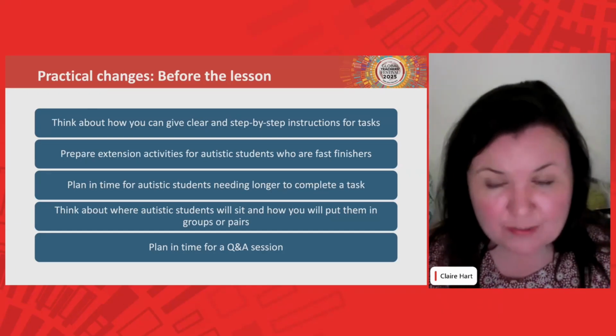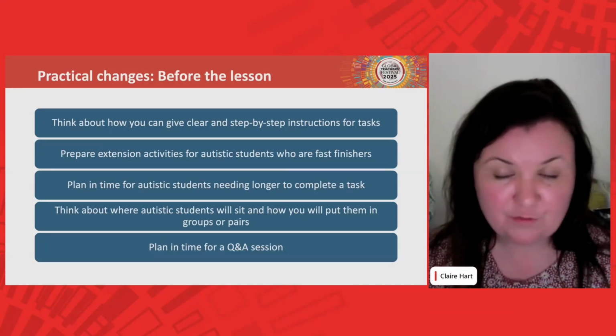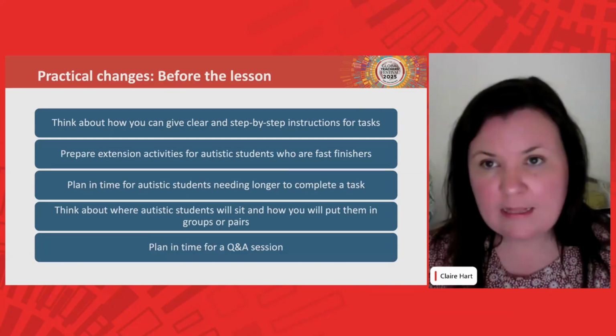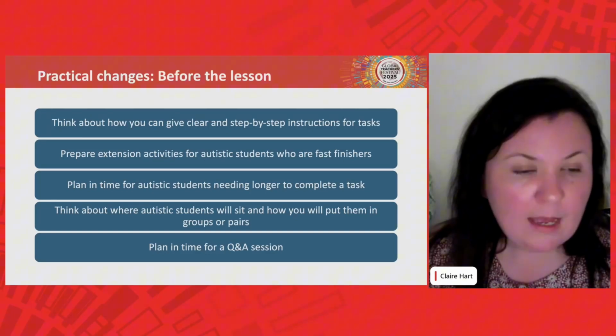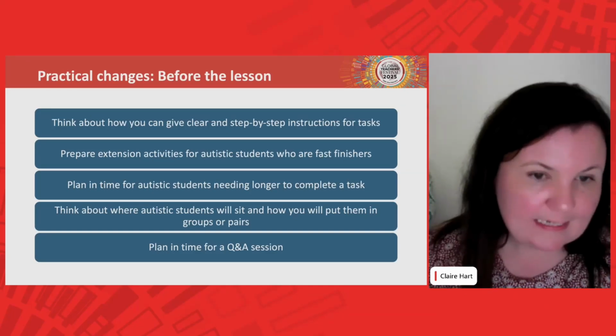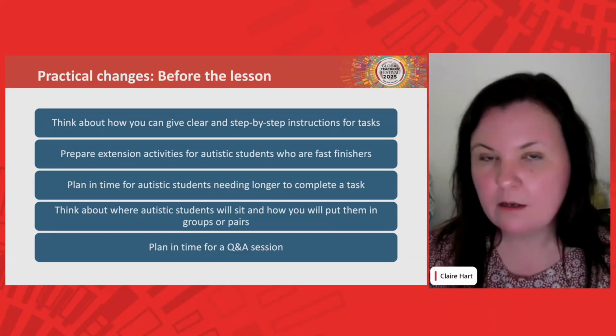Prepare extension activities, because autistic students are likely to be amongst the fast finishers, and they'll get frustrated if they don't have additional work. But on the other hand, plan time for autistic students needing longer to complete a task.